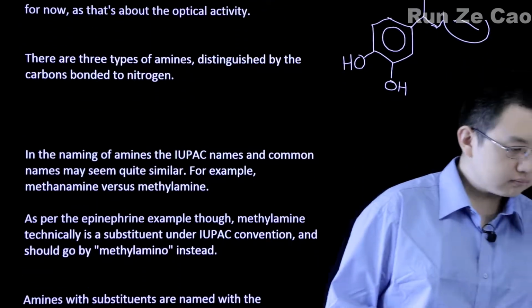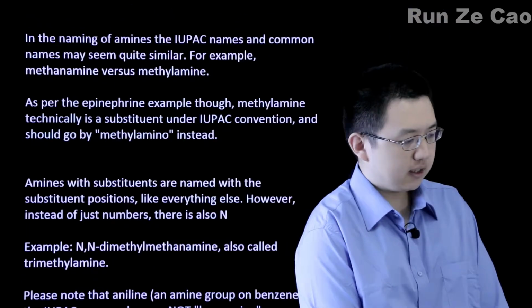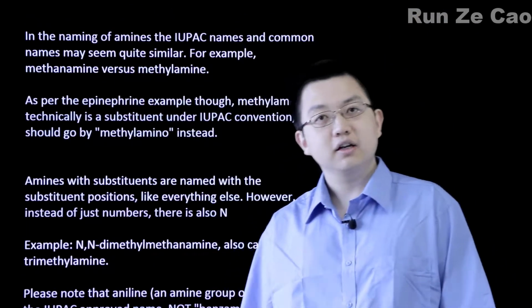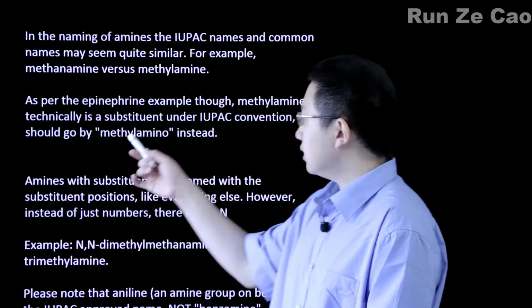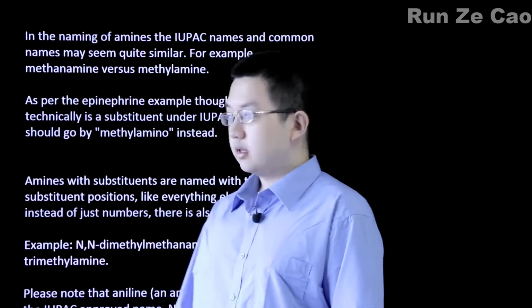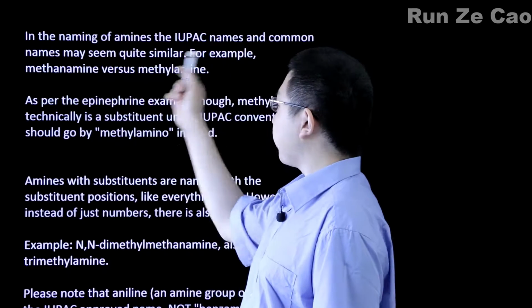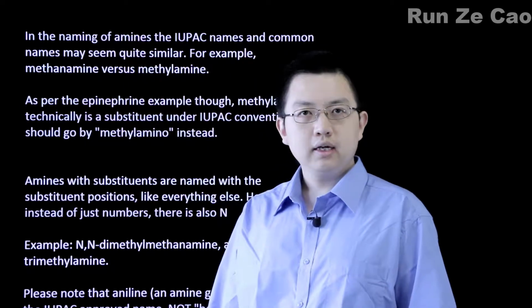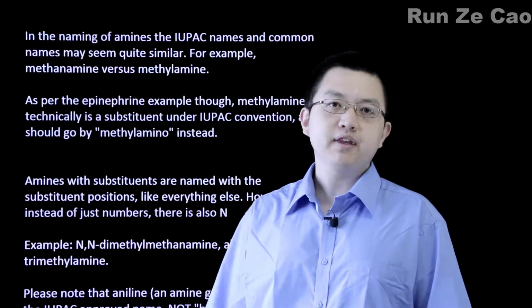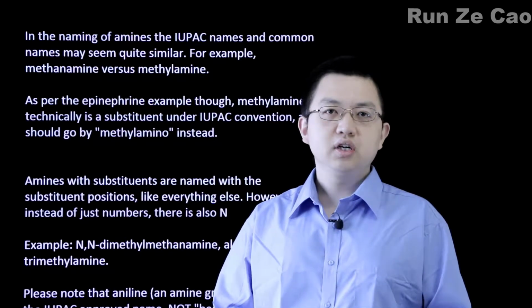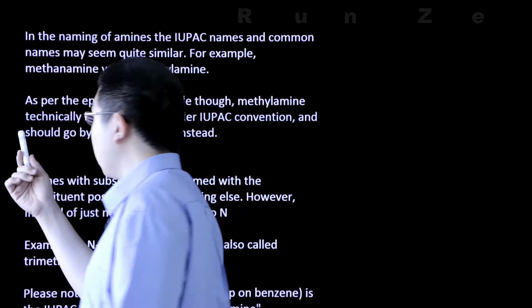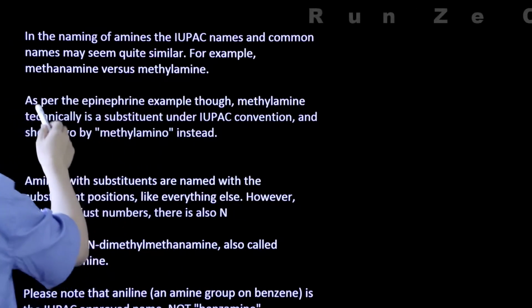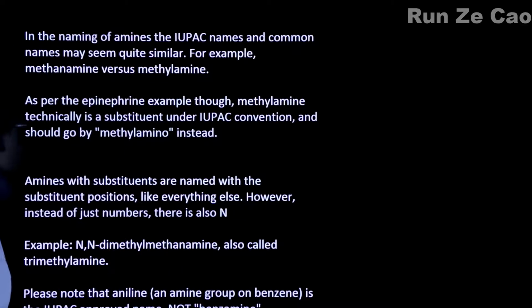Now, in the naming of amines, the IUPAC names and common names can seem very similar. For example, methanamine is the IUPAC name. The common name is methylamine. The common name just names the methyl group as a substituent on ammonia, pretty much. So, technically speaking, we should name the amine as a substituent on methane.